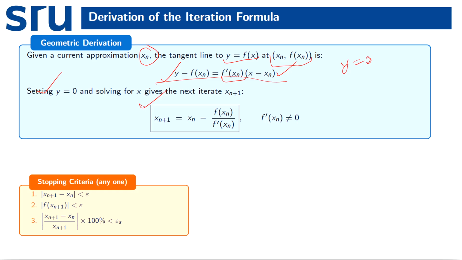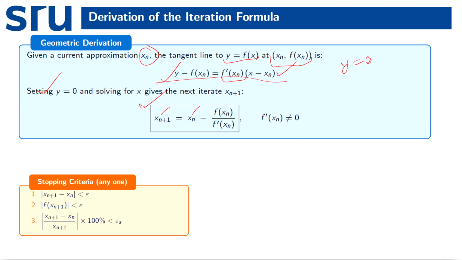Now, let us understand what this formula actually means. This formula tells us how to move from the current guess xn to the next guess x(n+1).